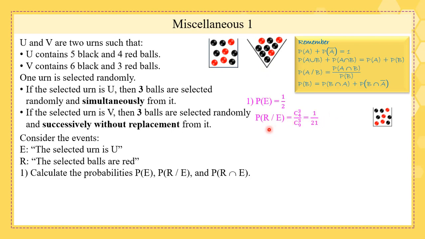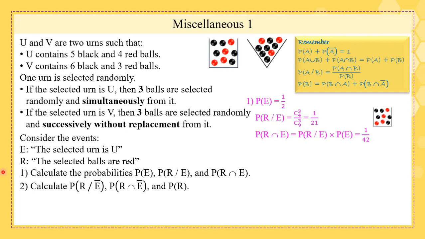And the probability of R given E is the probability of selecting 3 red balls from U simultaneously, which is C(4,3) over C(9,3), which is 1/21. Now, what is the probability of R intersection E? We use here the rule of conditional probability. The probability of R intersection E is the probability of R given E times P of E, and we know both of them, and this is 1 over 42.